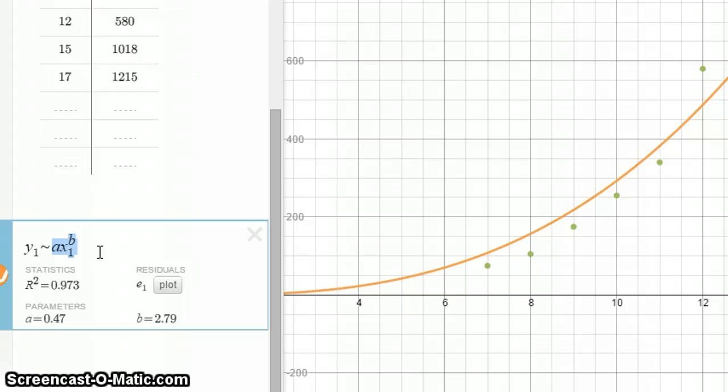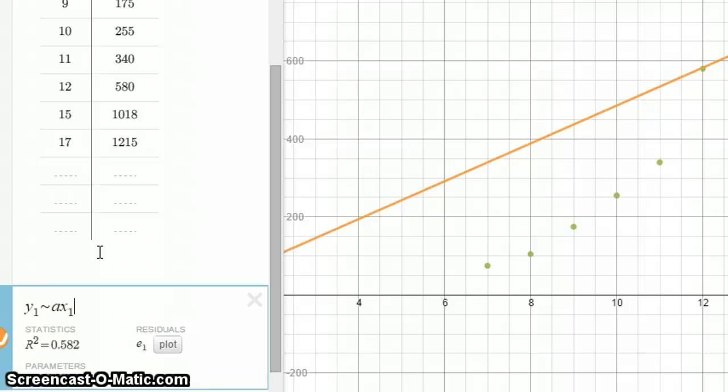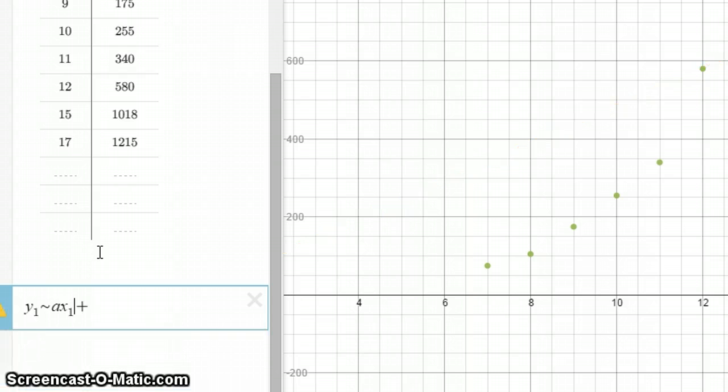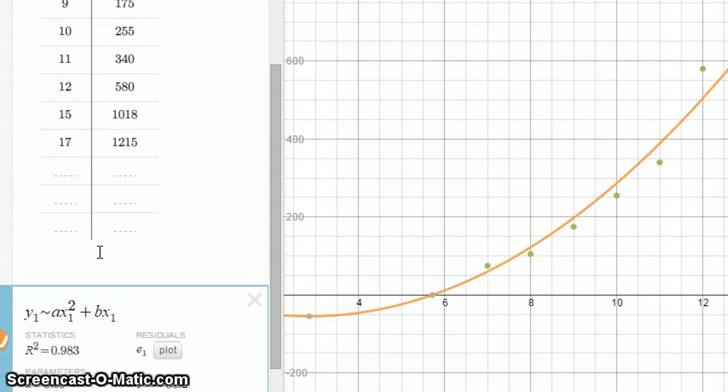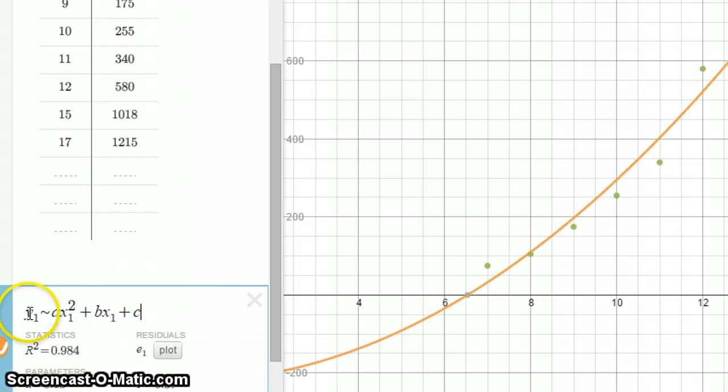And if you go back to the quadratic model, you can see that it's got a pretty good r squared value, 0.98. That's a strong correlation, strong positive correlation, very close to 1.